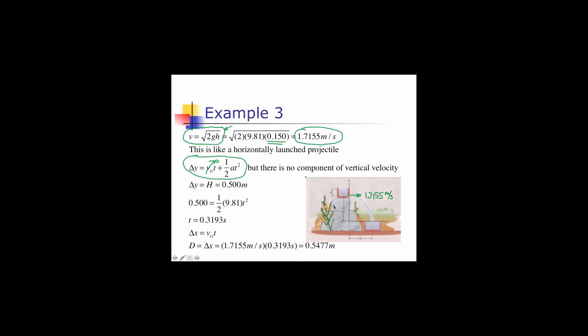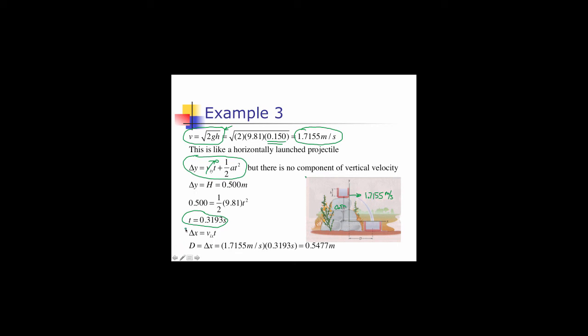That was given in the initial problem. So that can is 0.5 meters higher than the location of the object we're catching the water in. So I can find the time that the water is in the air, that depends only on the height off of the ground, to be 0.3193 seconds.